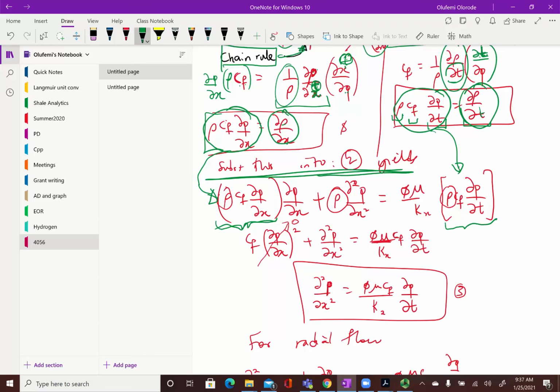And now you see that density is showing up on each side, and it's not within the derivatives anymore. It's outside. So you can cancel out these densities. And this is cf, the p dx times the p dx squared. This is what is left of that term. This is what is left of the right-hand side.